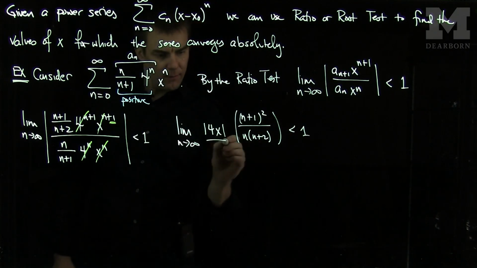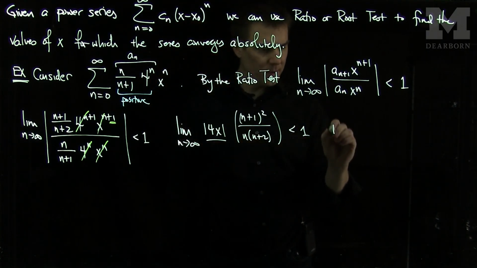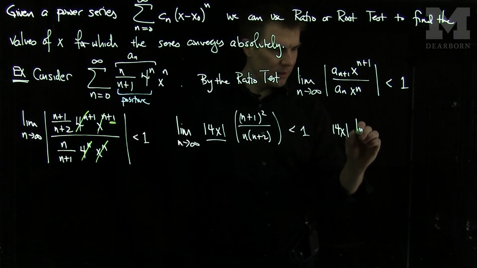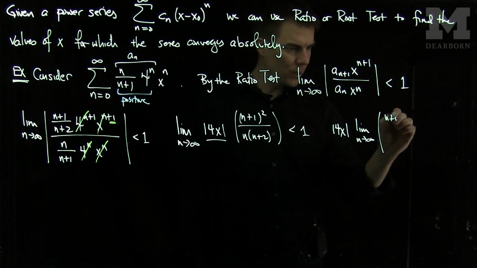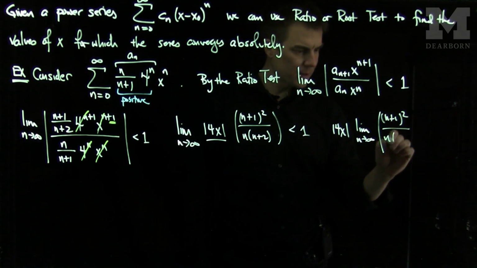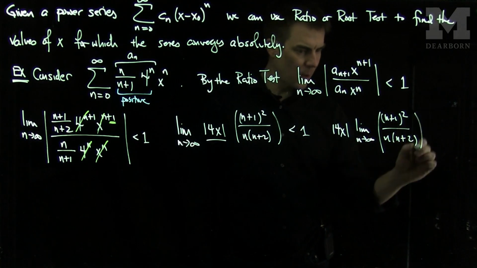The 4x in absolute value comes outside, and then we have the limit as n goes to infinity of n plus 1 quantity squared over n times n plus 2.